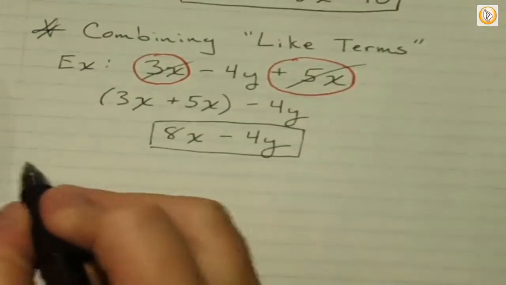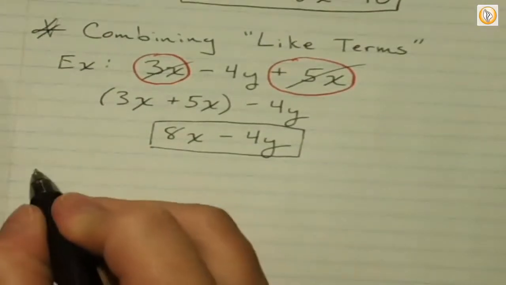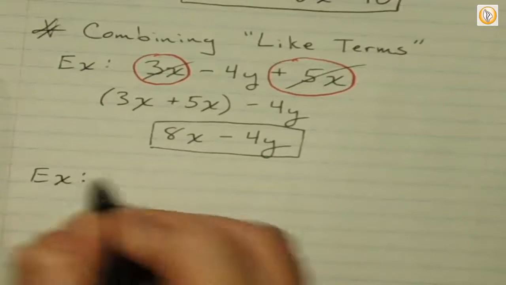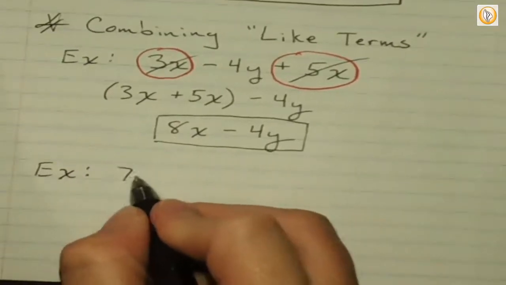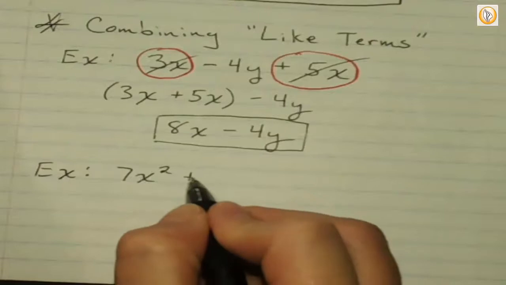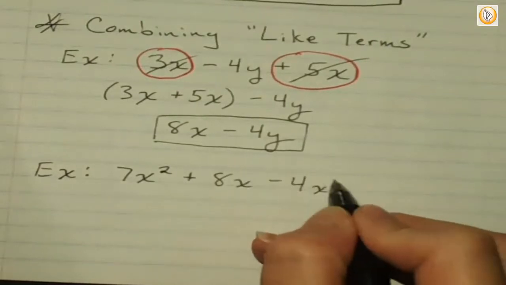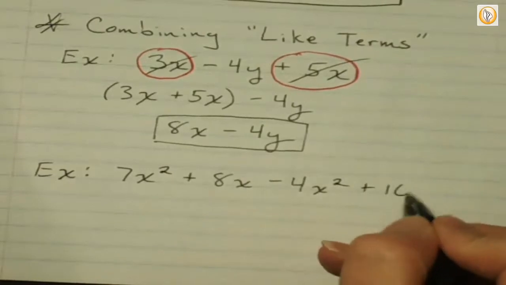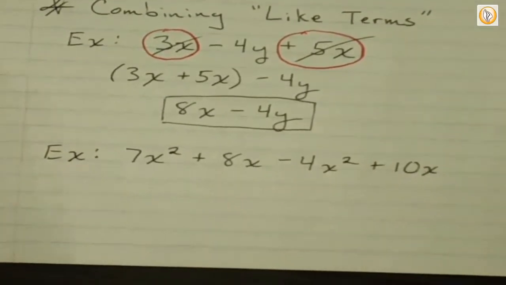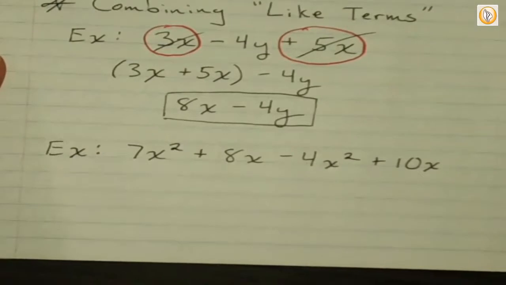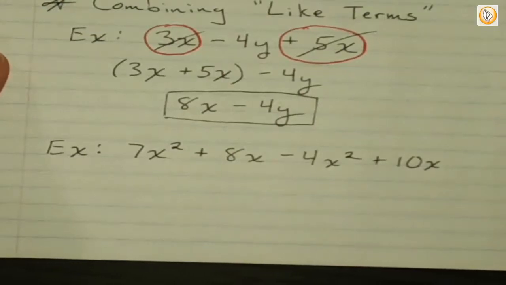Let's do another. Seven x squared plus 8x minus 4x squared plus 10x. Aiden, my man, my special student.